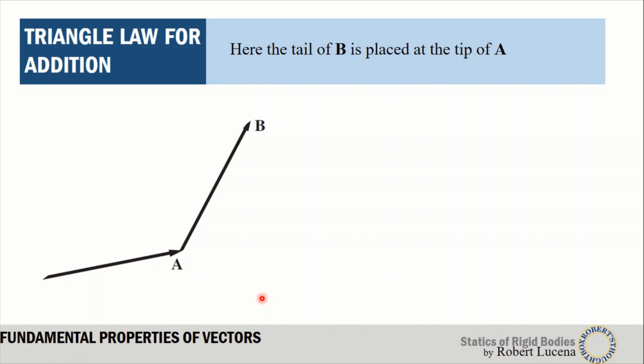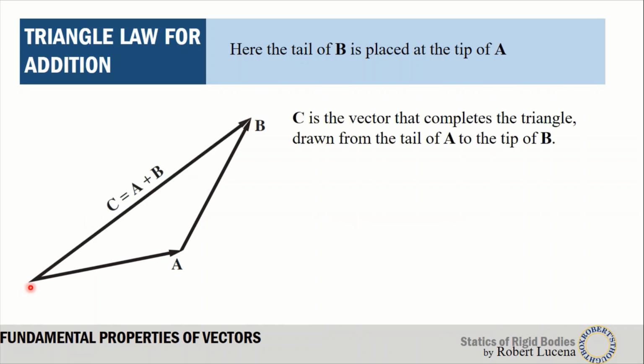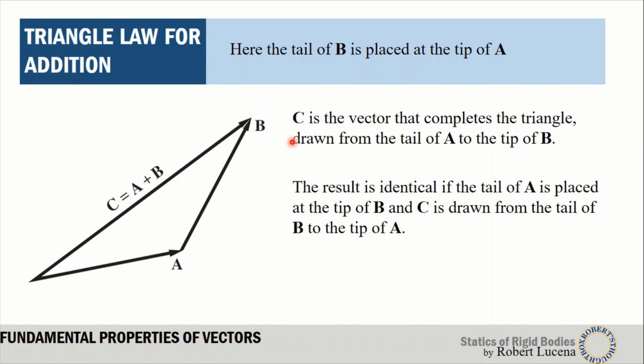If we want to add the vectors, let's start with the first vector A. We draw its tail to its tip, and now we want to add B to A. We will draw B starting at the tip of A, and then proceed to the tip of B. Now, to get the sum of the two vectors, we simply connect the tail of A to the tip of B, where C is the vector that completes the triangle drawn from the tail of A to the tip of B. Now, the result is identical if the tail of A is placed at the tip of B. So, if you draw the B vector first, then connect the A vector, the value of C will still be the same.